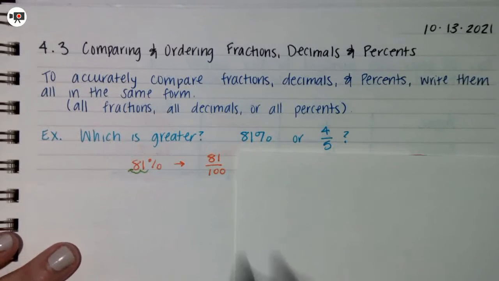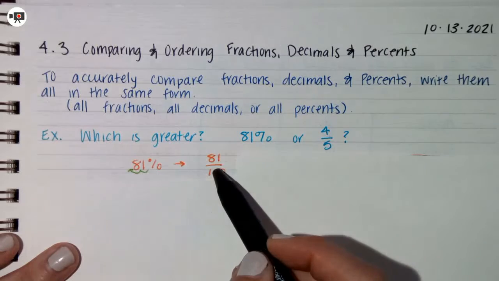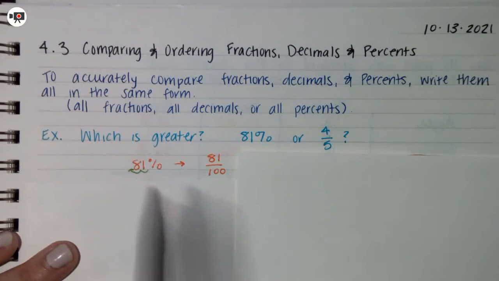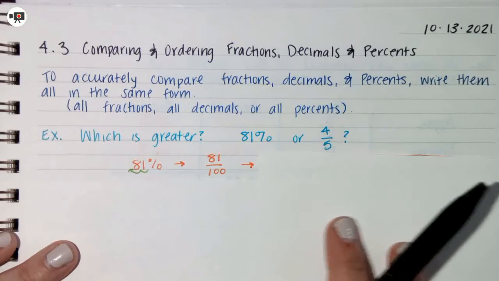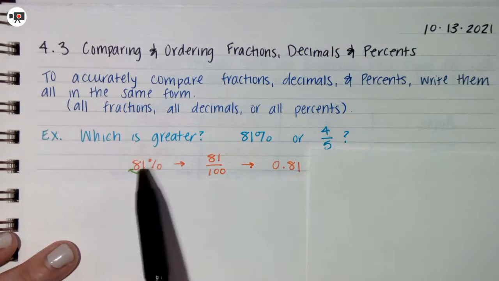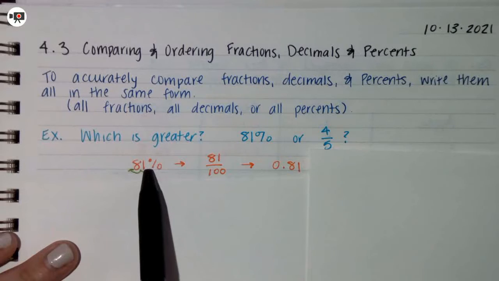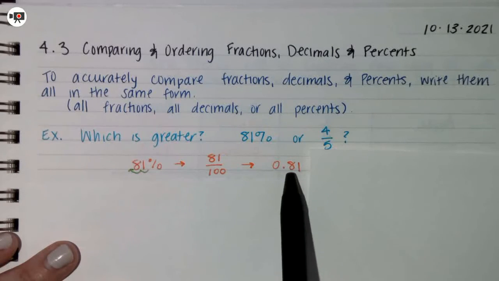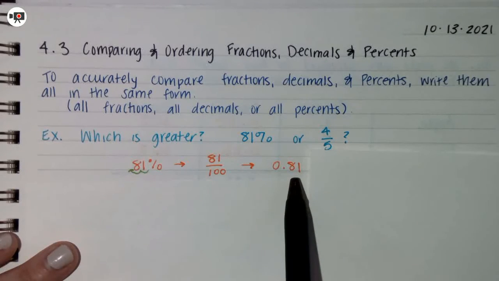Then I could take this 81 over 100, or 81%, they mean the same thing, and you can write it as a decimal. So to take 81%, we move our decimal place 2 spots to the left, and then you have your decimal. This reads as 81 hundredths.